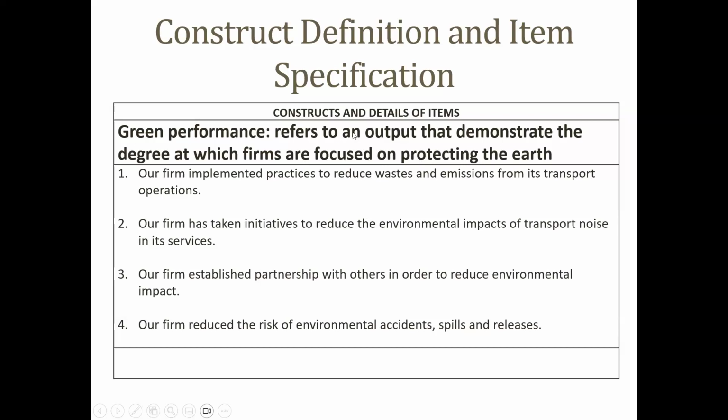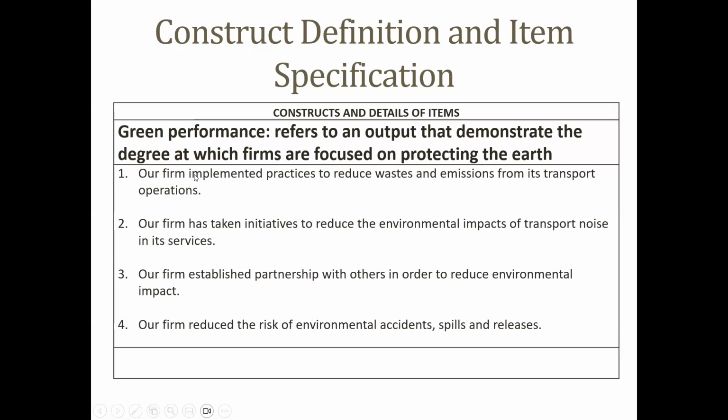So we want that an output, that is performance, an operations output or an operational activity should demonstrate the firm's focus on protecting the earth. So you ask yourself, how can we as a firm in the conduct of our business operations protect the earth? How are we going to do that? Okay, so let's look at some of our operations and see.